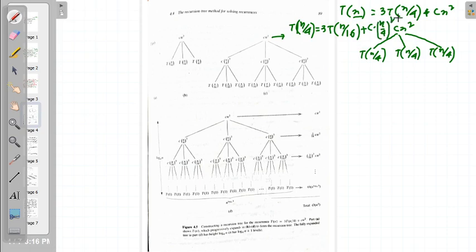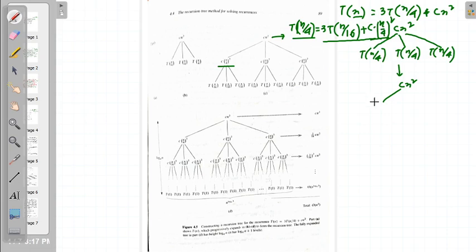So if I go one more level down, then we have to write Cn square is this. So this is coming from here, right? So this is T(n/4). So T(n/4) we have written in this manner, so that T(n/4) again we have to write in this tree form.